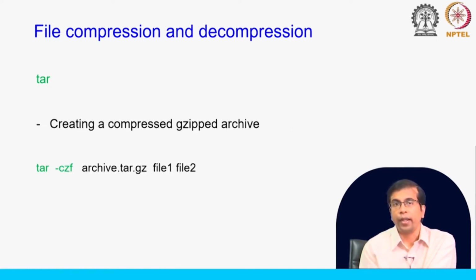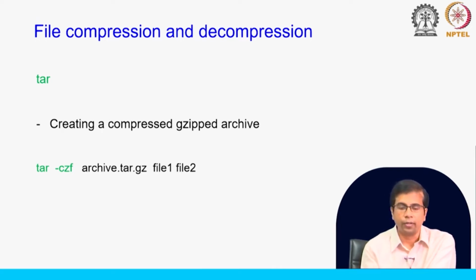Now, if you want to create a gzip version of this archive. We have talked about this gzip. Here we are creating this archive tar, and on top of that we are applying the gzip compression. So, you will see this .tar.gz. This is something you will see for many tools, many software, sometimes many data files also, if you want to achieve a really good compression from multiple files.